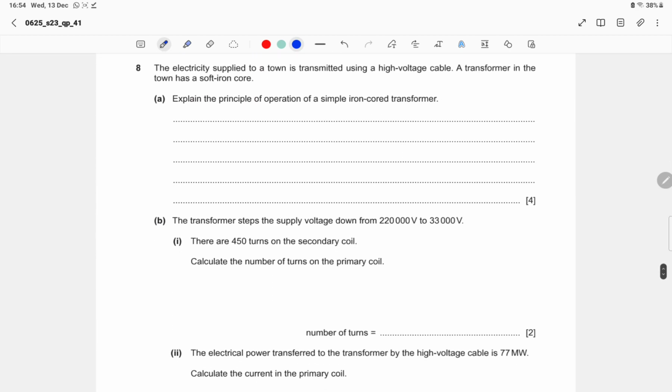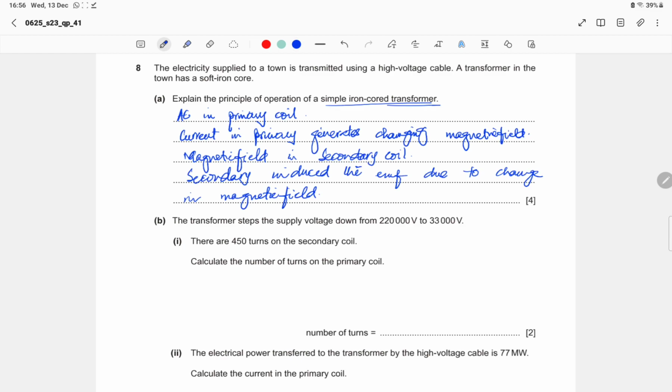The electricity supply to the town is transmitted using high voltage cables. A transformer is in the town and has a soft iron core. Explain the principle of operation of a simple iron core transformer. So basically he's asking the working principle of the transformer. Step one, AC, alternating current, is given in the primary coil.